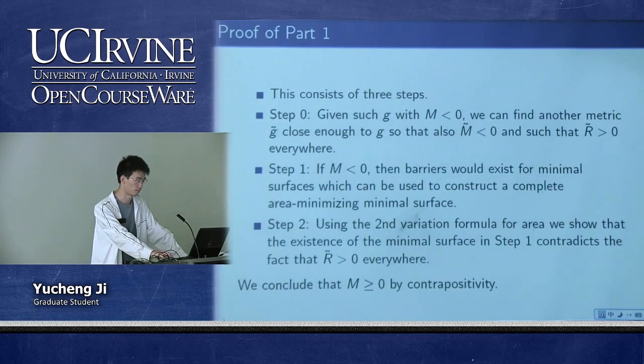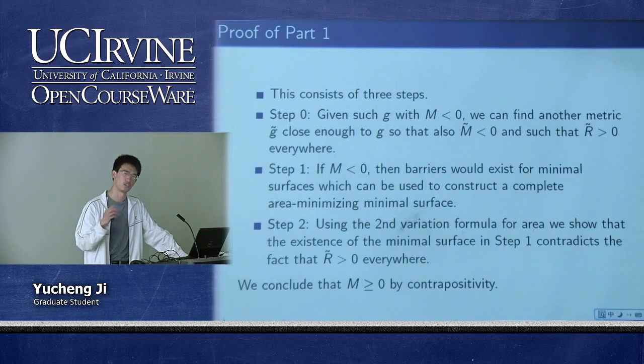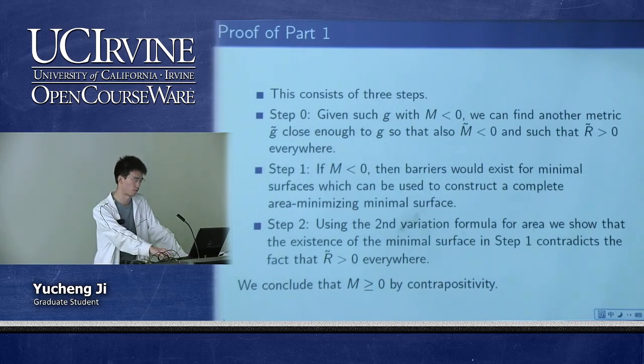Okay, 3 steps. So it's like using contrapositive. We first assume we have a G with negative mass, and we can find another metric G tilde close enough to G that also has the same asymptotics, and such that the scalar curvature is positive. And they use some techniques of minimal surfaces, some nonlinear elliptic equations, and they use some math techniques to solve that.